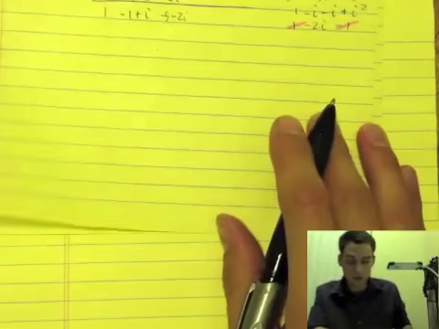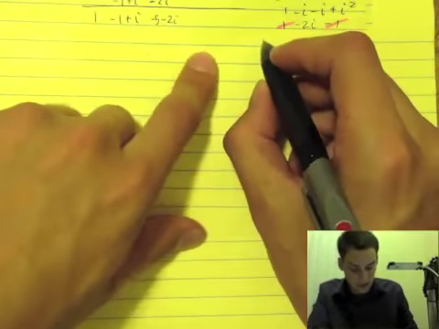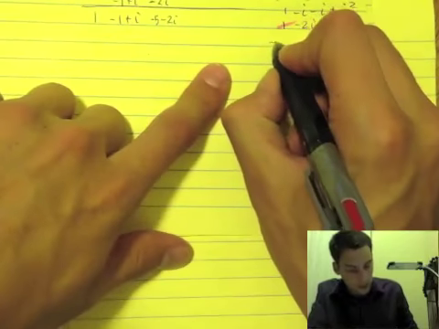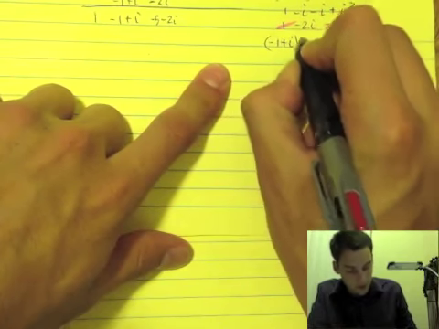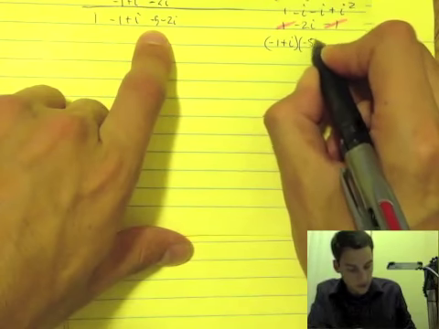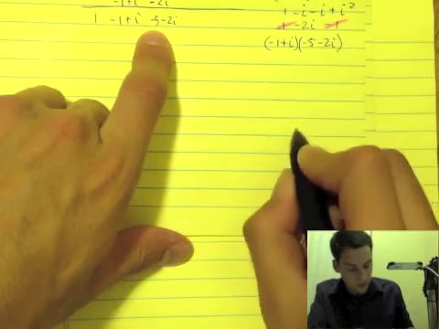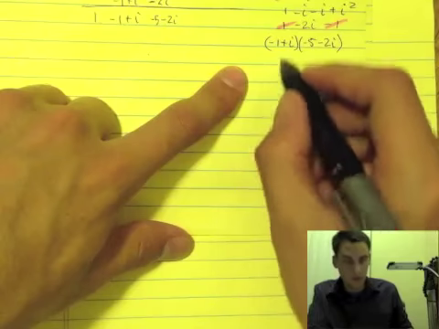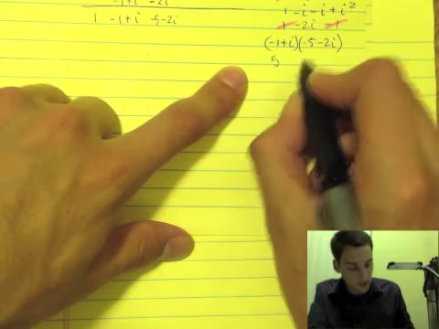And then I gotta multiply these out again. So I'm not doing it in my head. No way. I don't trust myself. Negative 1 plus i times negative 5 minus 2i. Negative 1 times negative 5 is 5.